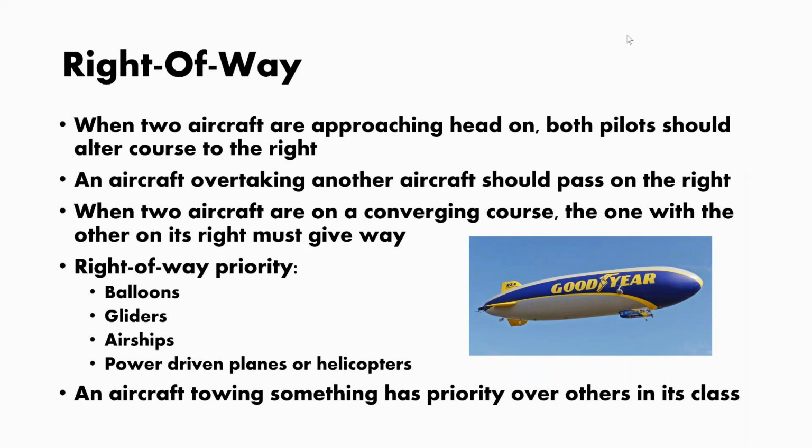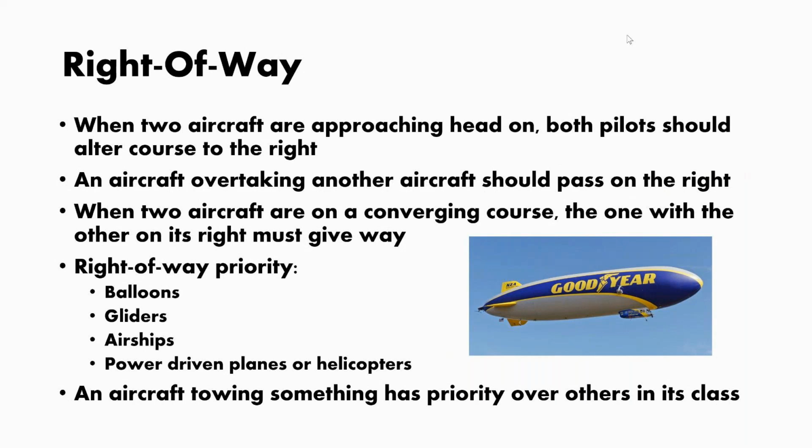If you're flying along and you see another plane in front of you that's going in the same direction as you, but it's going slower and you want to overtake it, you're supposed to pass it on the right. So that pilot in front of you should look out of his right window and see you passing him.